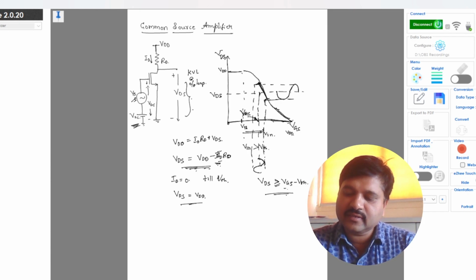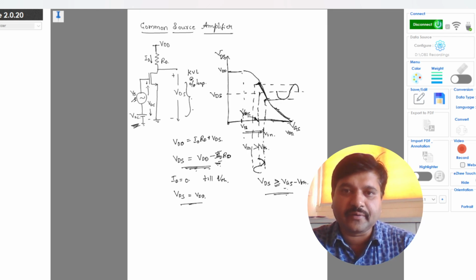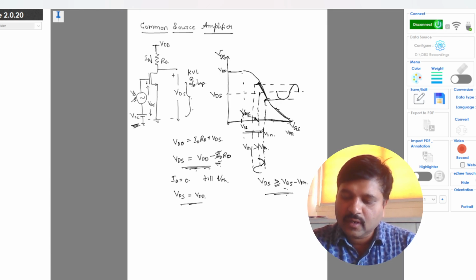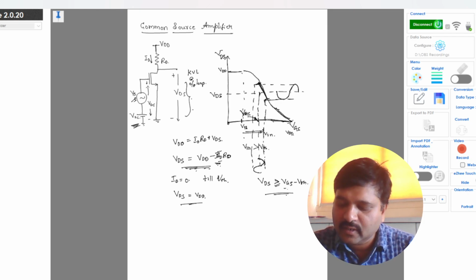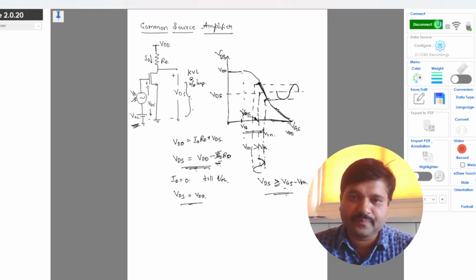So in this case the output is inverted with respect to input, because of this negative slope. So this is the operation of the common source amplifier.